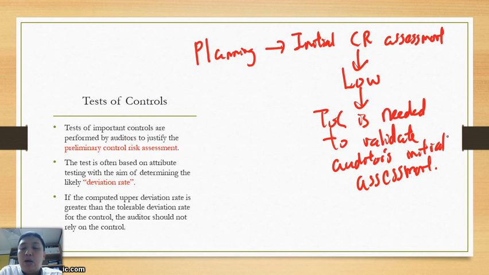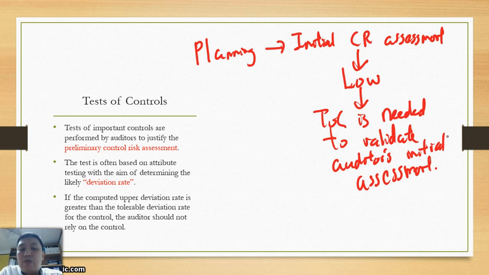This is like auditors have an assumption about control's effectiveness. Auditors now need to validate this assumption via test of control before they can decide whether or not to really rely on the controls implemented by management.